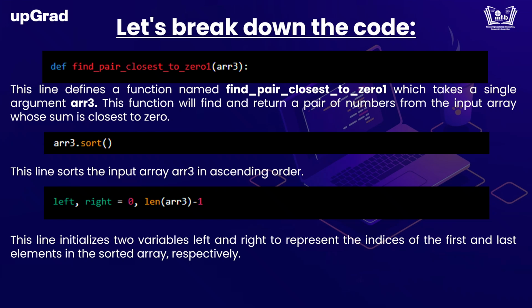The next lines initialize our two variables, left and right, to 0 and the end of the array.